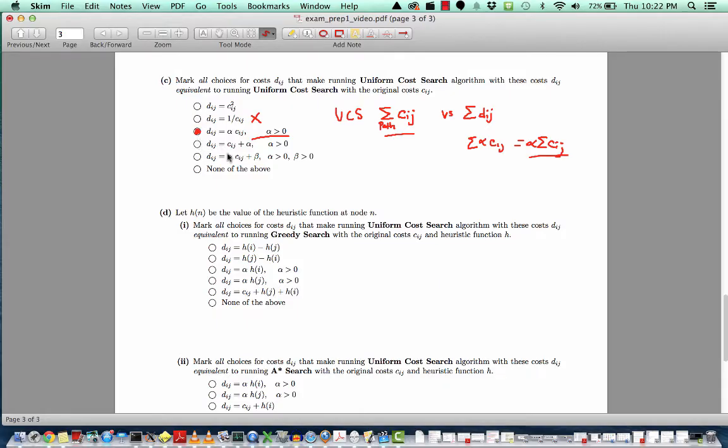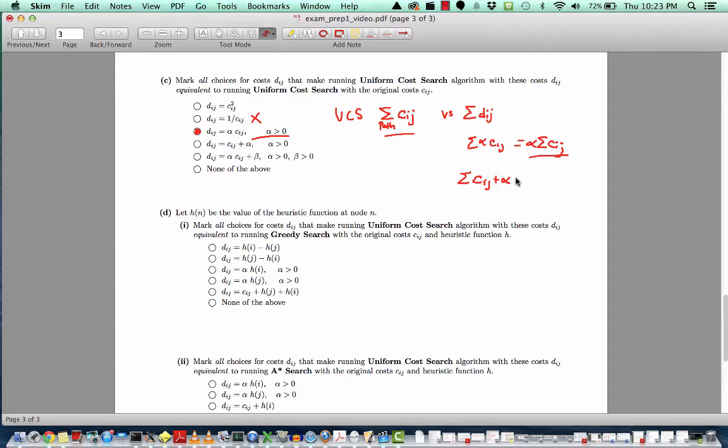Now let's look at these next two cases in which we add a constant value to Dij. In this case, the value of a node in the fringe is going to be the sum of Cij plus alpha.